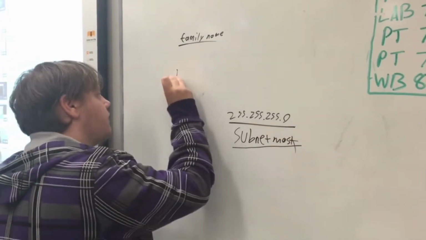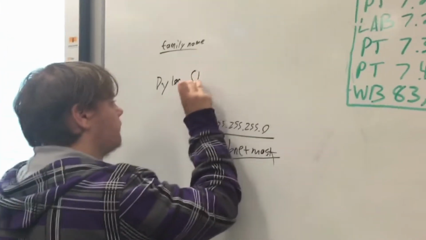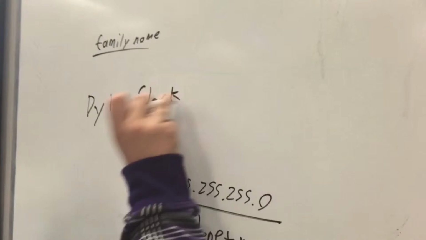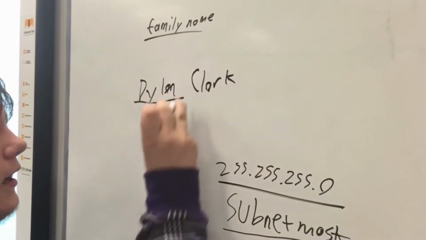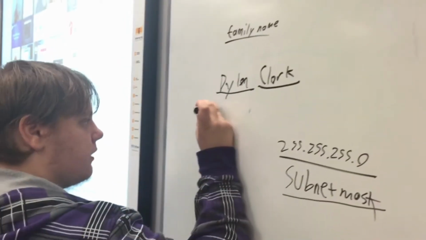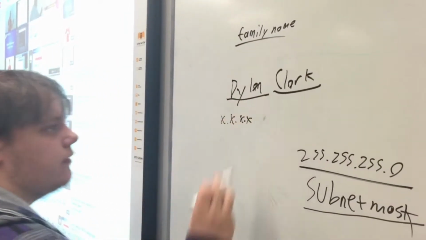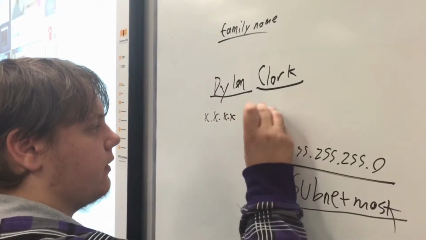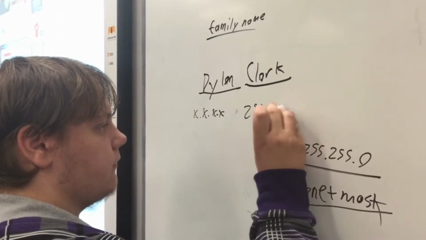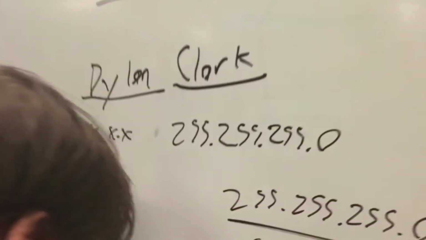For example, my name, Dylan Clark. My name, my family name. So this would be x.x.x.x, 255.255.255.0.